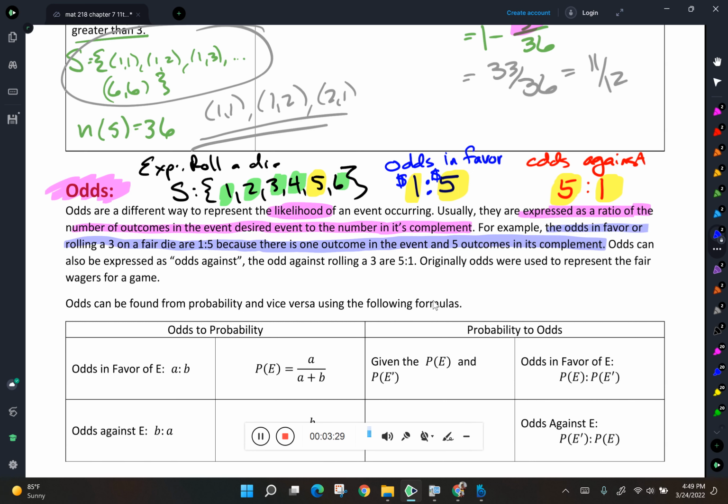So it made it real simple to figure out how much money you have to wager to make something happen.